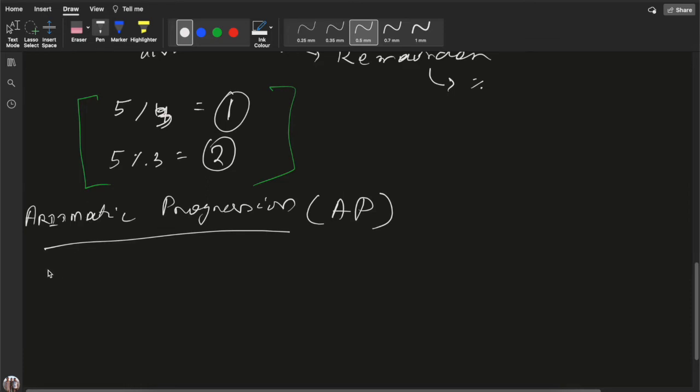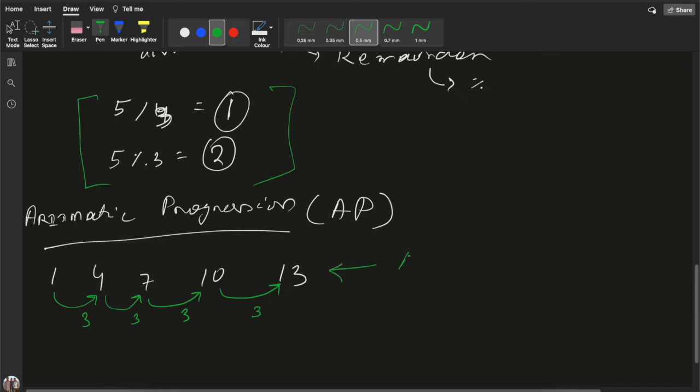What I mean, let's say I have values 1, 4, 7, 10, and 13. If you observe, 1 to 4 is incremented with 3, 4 to 7 is incremented with 3, 7 to 10 is incremented with 3, 10 to 13 is incremented with 3. So this series is called arithmetic progression because the incremental value is the same.